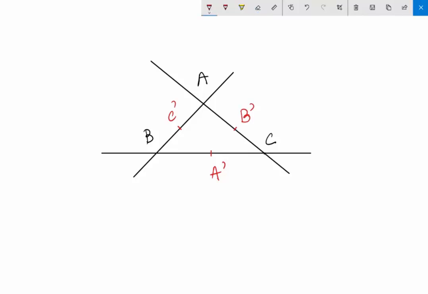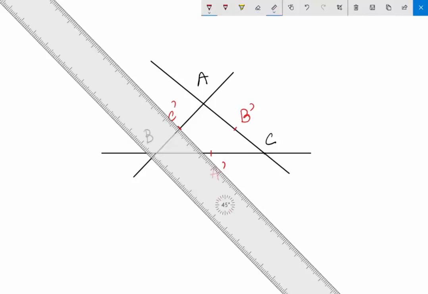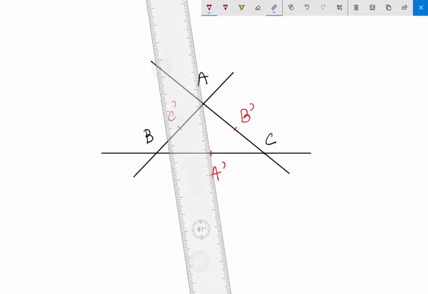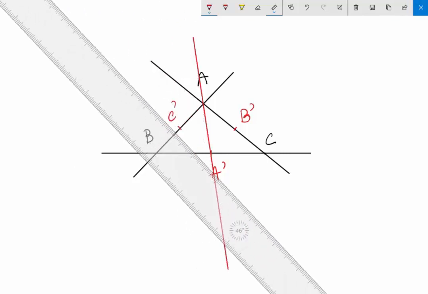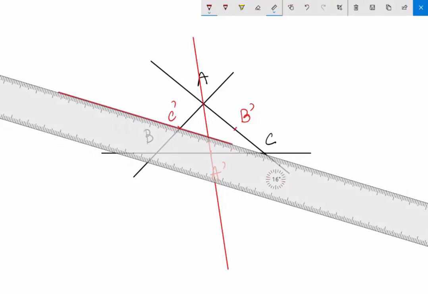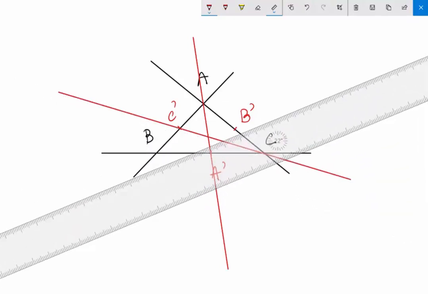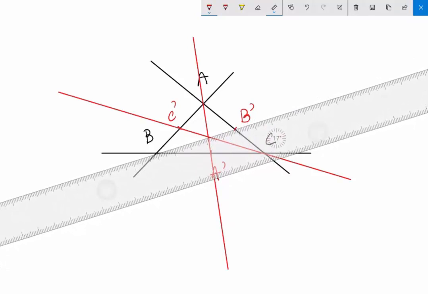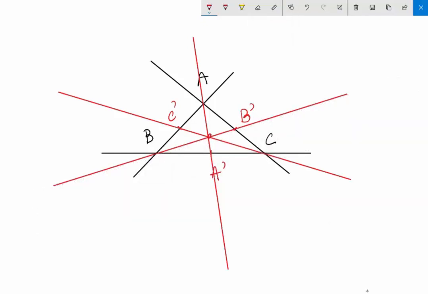And now we will draw the medians. You can see that indeed all three medians are concurrent and they pass through this point here.